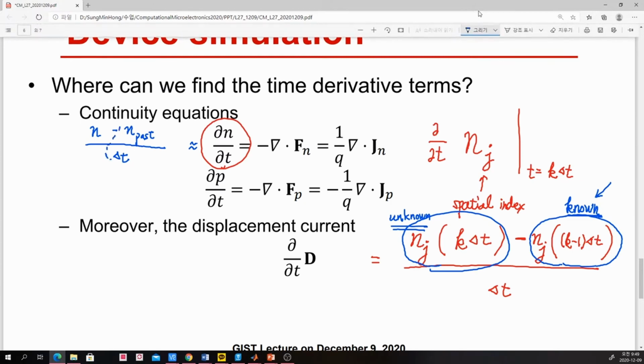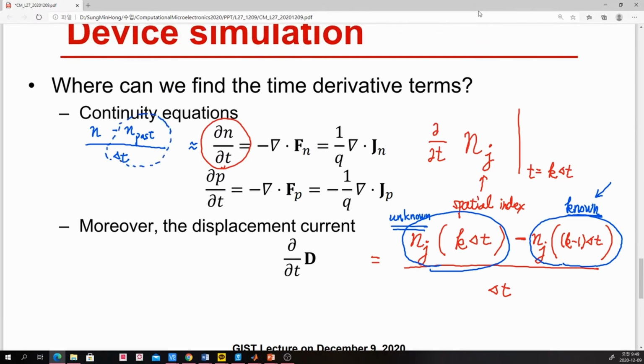This term contributes to your residue vector, and this term contributes to your Jacobian matrix. The only thing you have to keep in mind is you solve the integrated form of your continuity equation. Just calculating ∂n/∂t is not sufficient. You have to multiply by the control area of your system. So with this, you can get the transient simulation result.